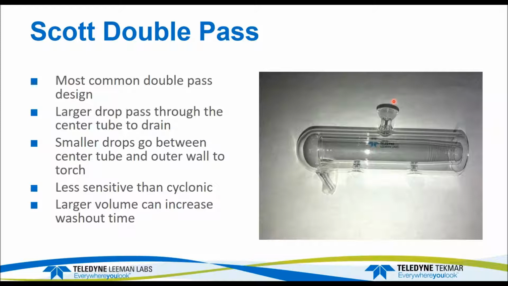It's less sensitive than cyclonic, so it can be an advantage when you're doing higher samples with higher volatility solvents. The larger volume increases the washout time. So if you're looking for high throughput and you have samples that can be very high concentration, very low concentration, you could see some carryover from sample to sample.